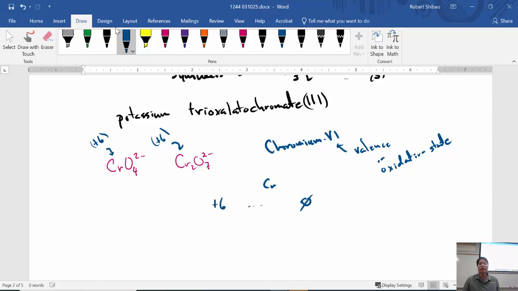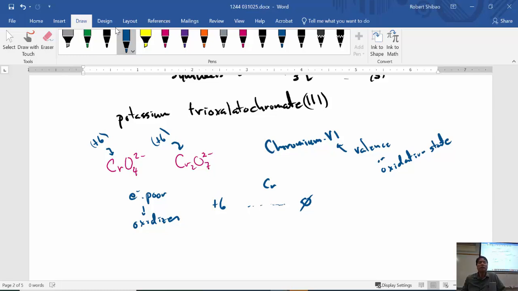And so this is the range. We're maxed out here. So these are electron poor. Electron poor species means they're going to be an oxidizer. And so we know that chromium 6 should be an oxidizer, no matter what compound it's in.